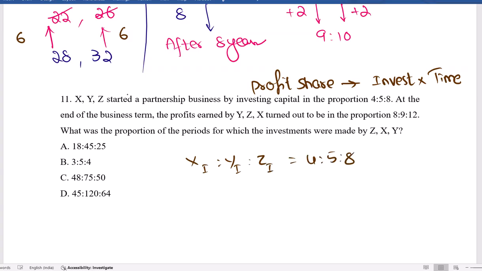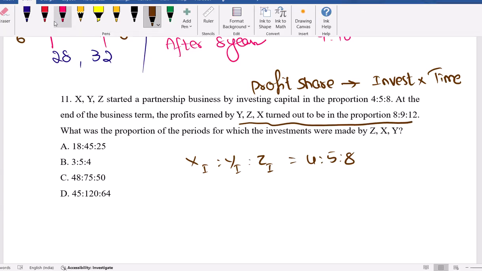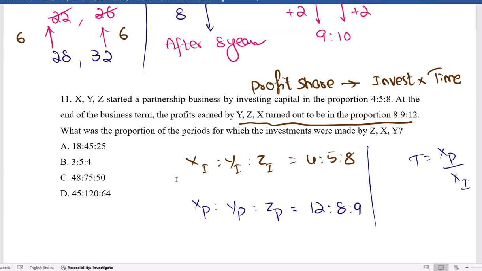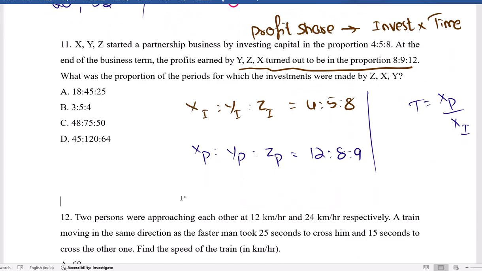Guys, here YZX is given profit. Profit of YZX is given. So I have to write XYZ. X profit, Y profit, Z profit. X is 12, Y is 8, Z is 9. Now you want timing, means timing is profit divided by investment. So X timing, Y timing, Z timing.